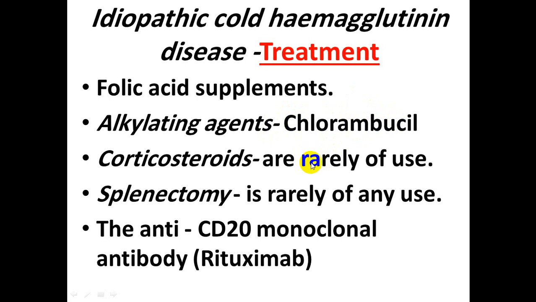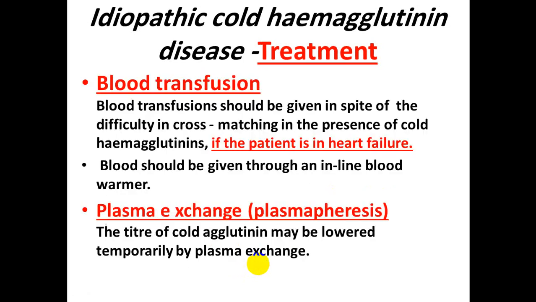Corticosteroids are rarely of use, and splenectomy is rarely of any use. But anti-CD20 monoclonal antibodies such as rituximab could be given to a patient with idiopathic cold hemagglutinin disease.